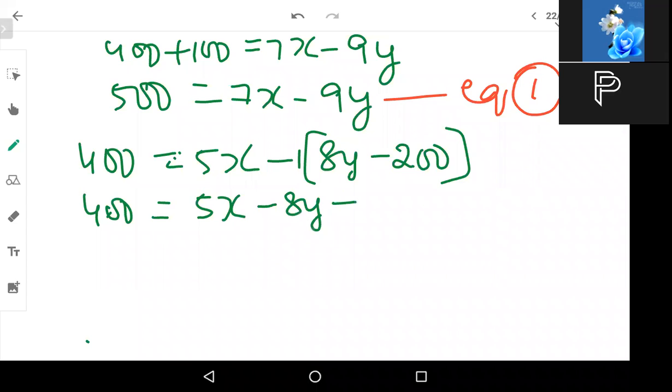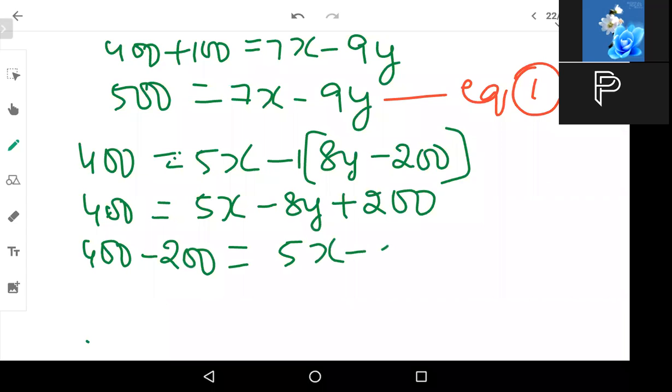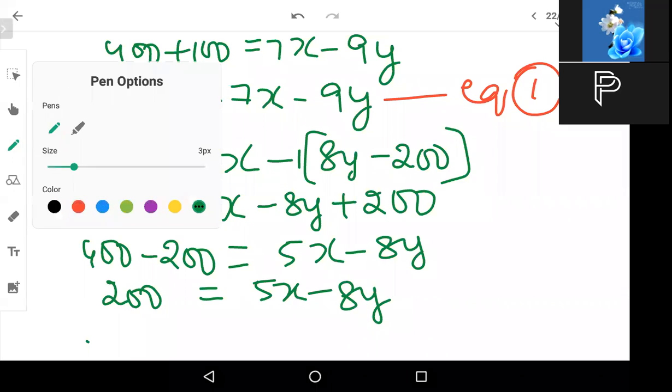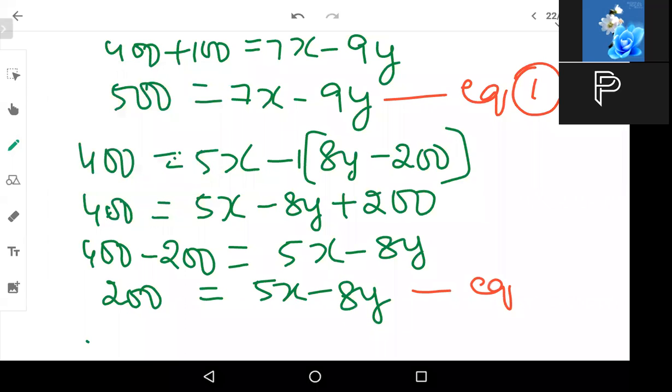Minus into minus is plus, so plus 200. I'm getting 200 to the other side, so it will become minus 200. 400 minus 200 is 200, equal to 5x minus 8y. So this will be your equation 2.